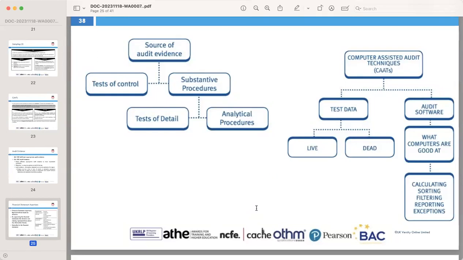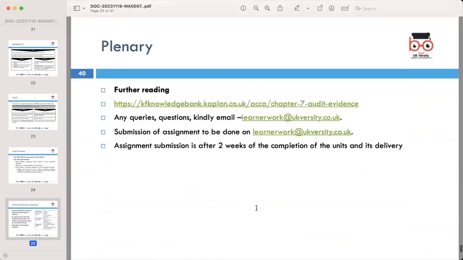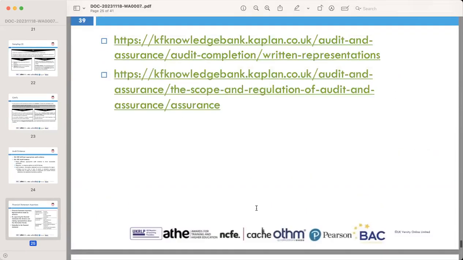The integration of computer-assisted audit techniques such as test data, live and dead testing, and audit software enhances the audit process by harnessing the power of technology. So yeah, that's it. There are some references and a plenary. That's it for today.